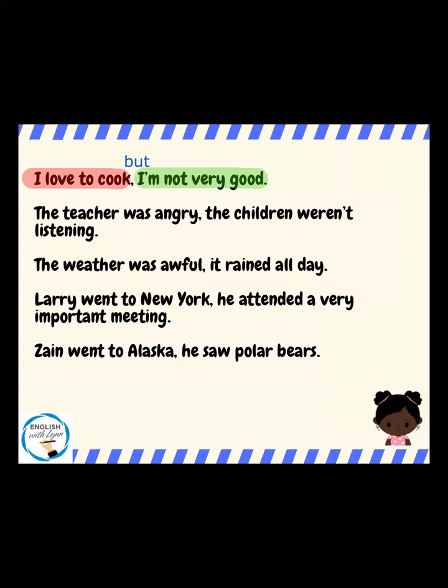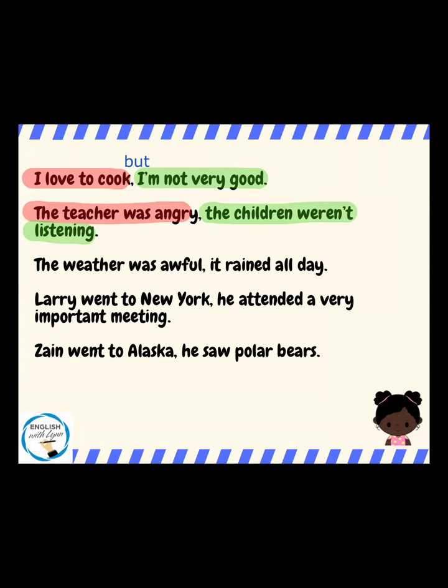So my next one, the teacher was very angry. This is the first main clause here. And then the second main clause, the children weren't listening. Now, there are two different ways that I could change this. I could have a subordinate clause.